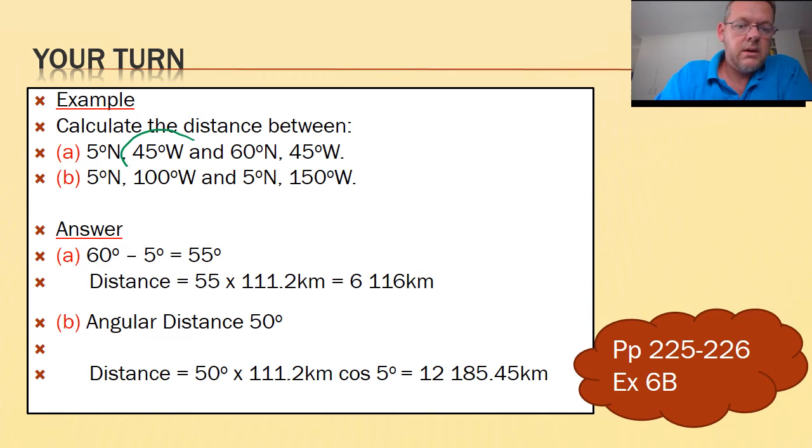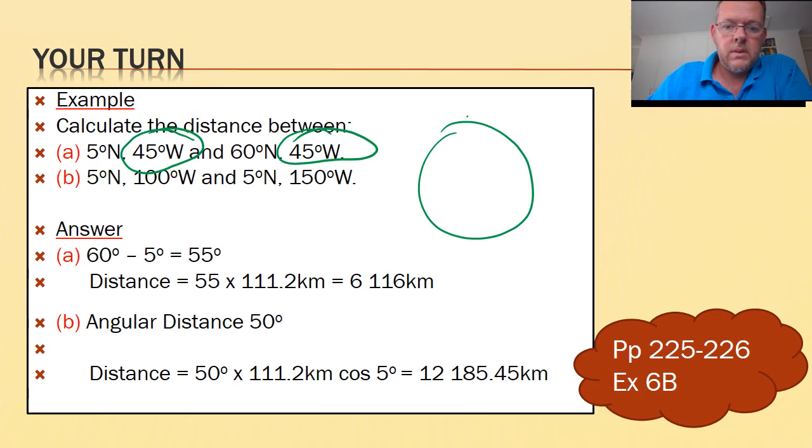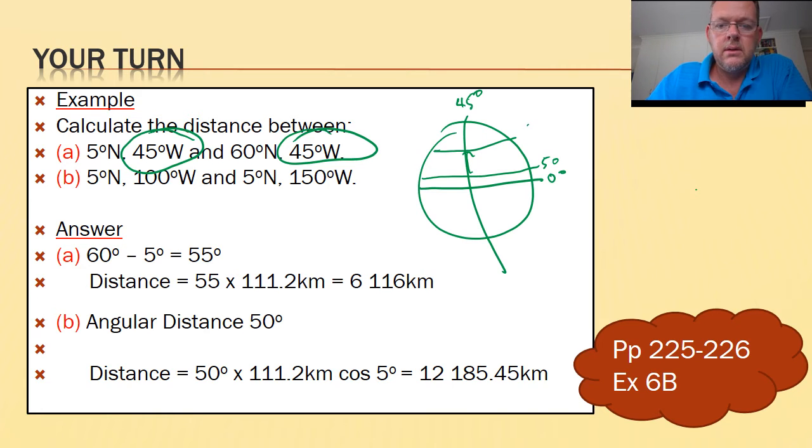So you can see quickly we are traveling along a meridian, and we are traveling from above the equator about 5 degrees north, and we are traveling up to 60 degrees. So we're traveling a total of 55 degrees.